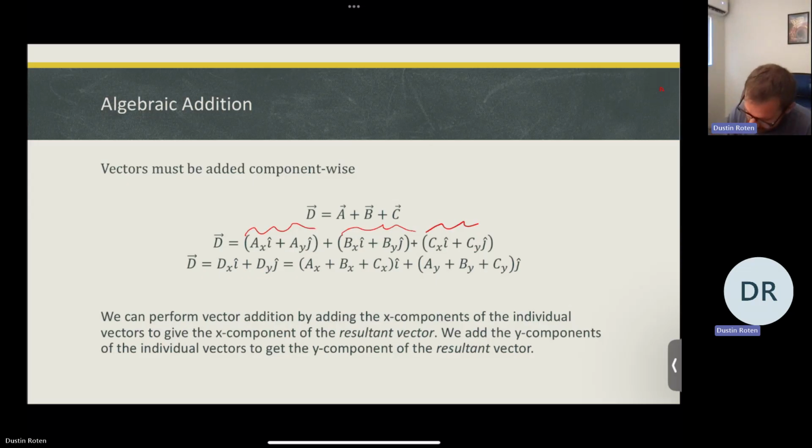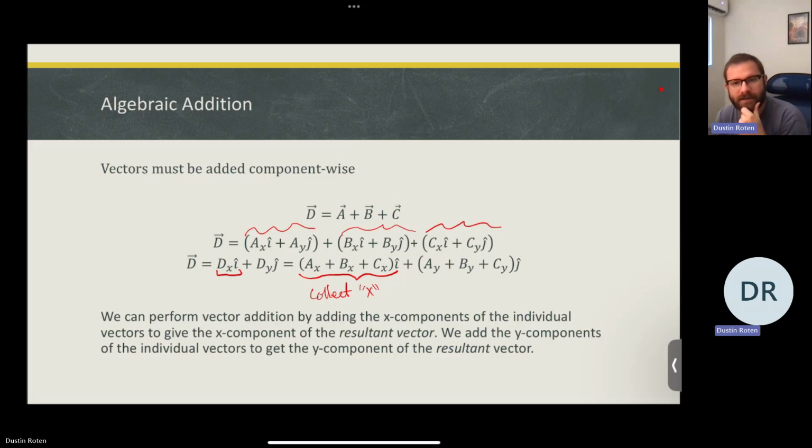So if we are talking about the X piece of this net displacement vector, remember, D's the answer we're going to get, and we're talking about just the X component of D. Well, all we have to do is take all the X pieces of all these vectors and add them together. So we just need to collect X. So you'll notice I've done that, and there's just an I hat sitting out there.